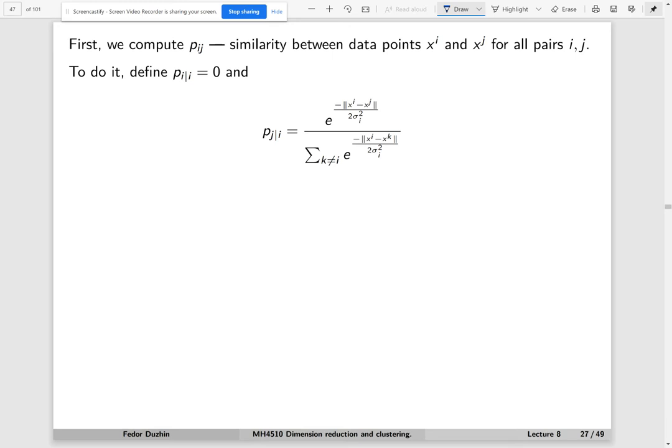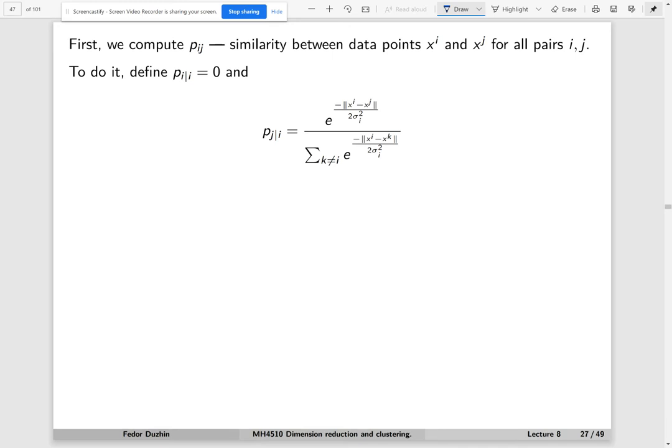The meaning of this is that imagine that at point i there is some kind of a wizard that picks other points, right? And this wizard picks other data points with probability proportional to the density of the normal distribution centered at that point.